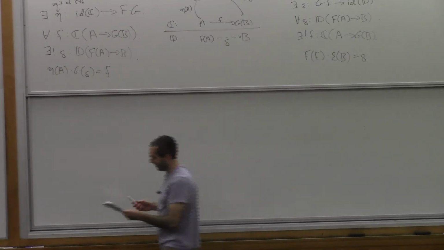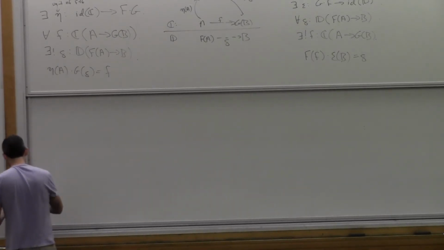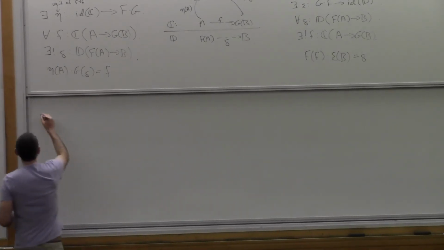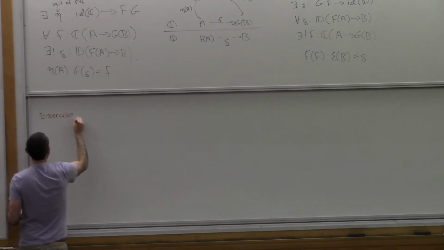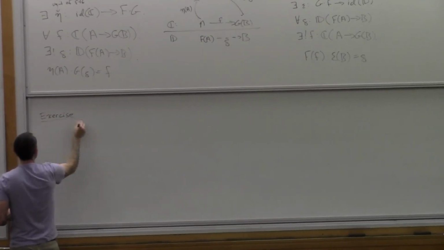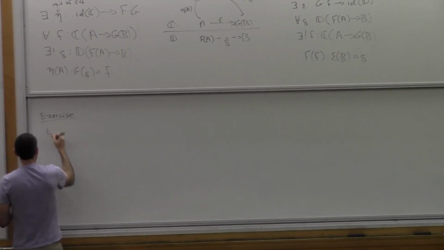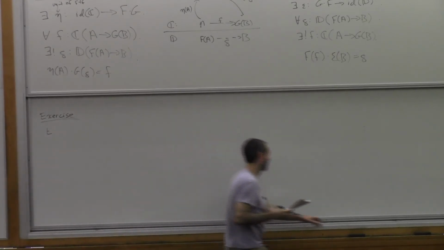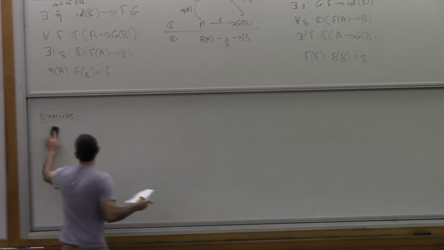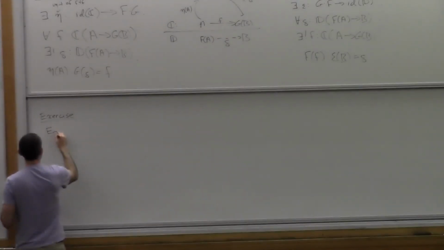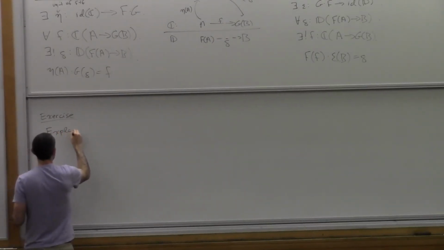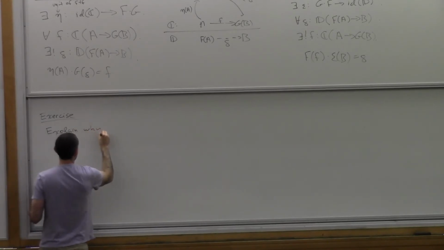Okay, now I get to give you an exercise to make you work. So here I'm co-saving you work. This is another one of the explain why things. Okay, I'll just say explain why.